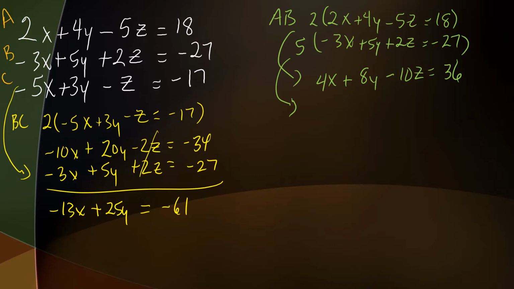And so then that gives me negative 15x plus 25y plus 10z. And that equals negative 135. Let's add those two equations together. And I should have my z's eliminated. So let's see. I guess that's negative 15x right there.